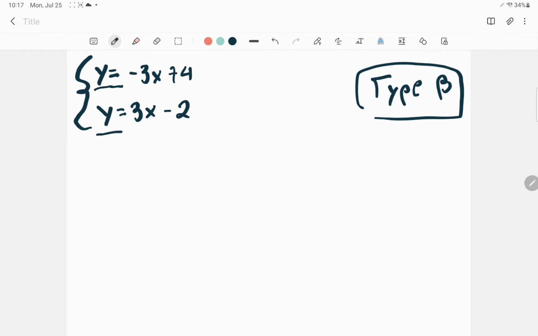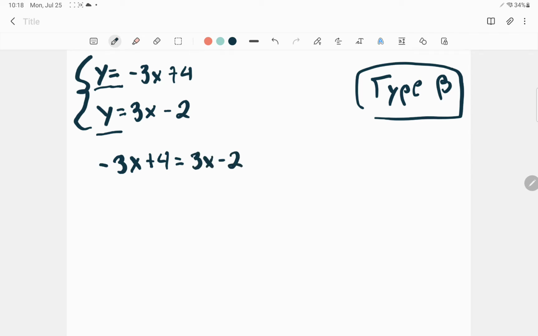And you're going to notice that both of my equations say y equals. If you get a problem like this, what I want you guys to do is set both equations equal to each other. What do I mean? So I'm going to show you exactly what I mean. Negative 3x plus 4 is equal to 3x minus 2.